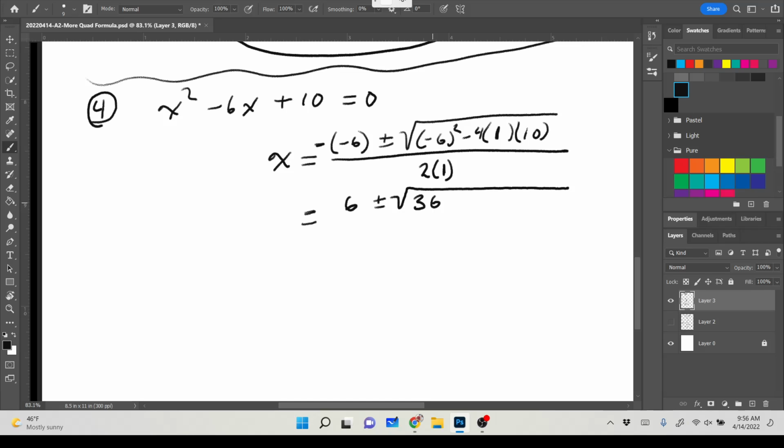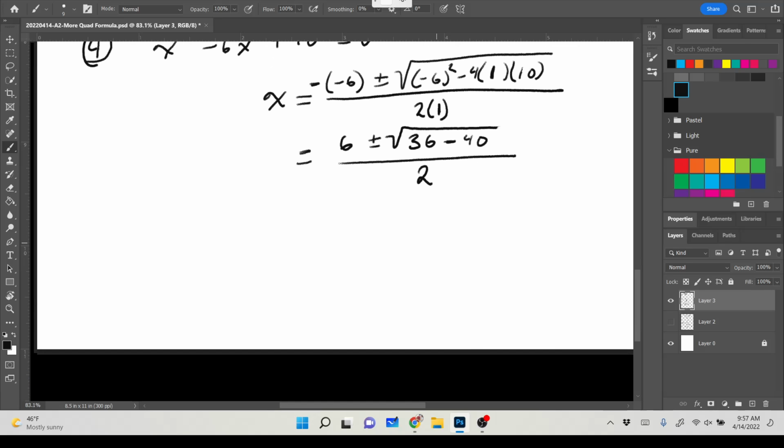Minus 4 times 1 times 10 is negative 40. All over 2. So we end up with 6 plus or minus the square root of, what's 36 minus 40?